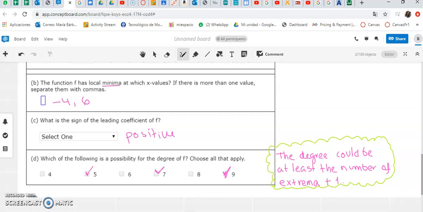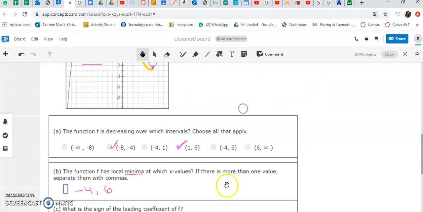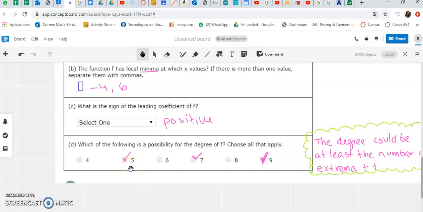These are the 3 possibilities, okay? Why am I not selecting 6 and 8? Because they are even numbers. Remember that the behavior of the graph is the behavior of an odd degree function, okay? That's why I am selecting just odd numbers here, greater than 4, which is 5, 7, or 9, because the extrema is 4 plus 1, 5. So it could be 5 or more, okay?